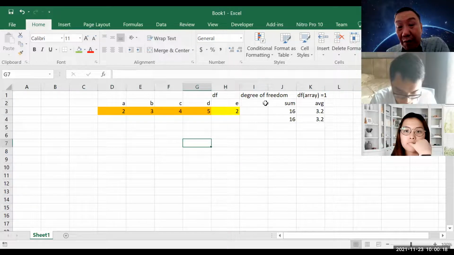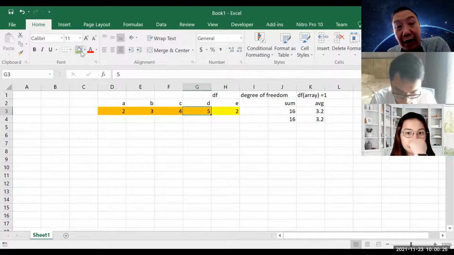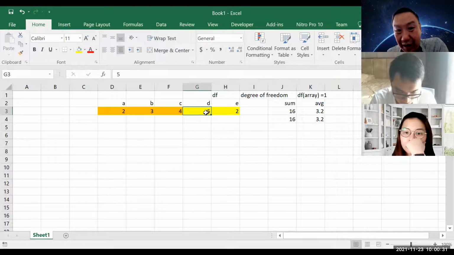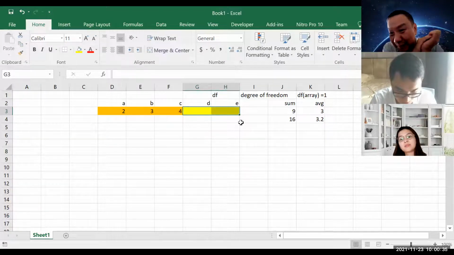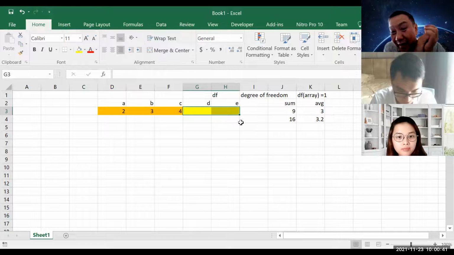What will happen if instead of one cell, I make two cells missing, which is beyond the df? Ta-da. Can you recover? Can you recover that D and E?